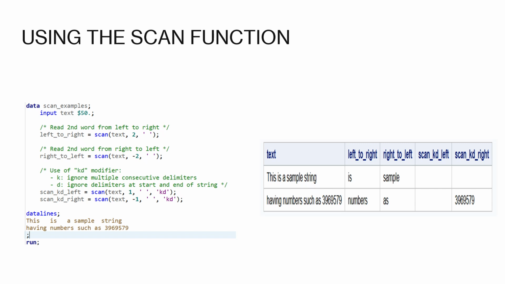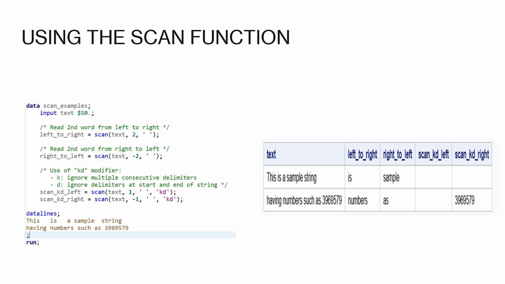So in this code, what we are asking SAS is to extract the first word from the left and the last word from the right while ignoring any extra spaces or delimiters.